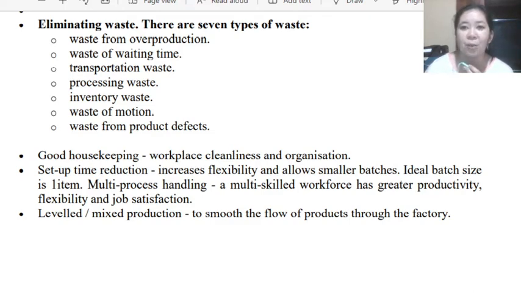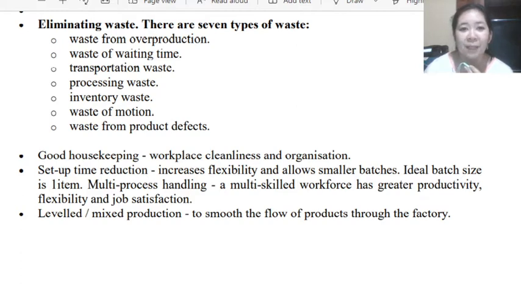It should be an important consideration on the part of the entity that they provide their employees with good working conditions where they can work efficiently and effectively, because the setup of the workplace can also affect the performance of the employees. That's why it's good that their workplace is clean and organized. Another is setup time reduction.